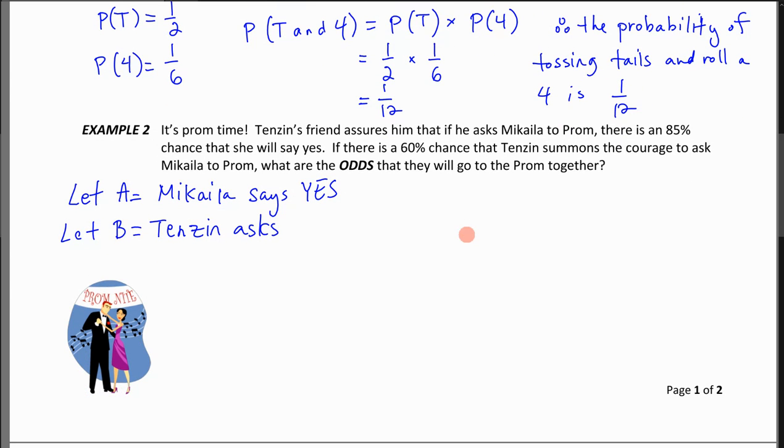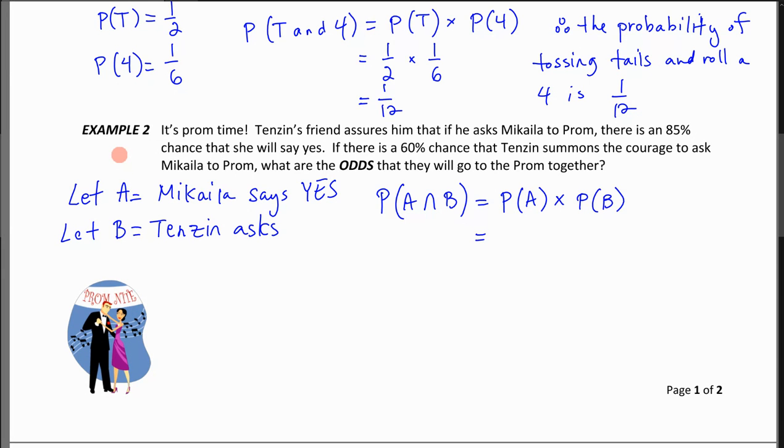Okay. So the probability that Tenzin asks the question and Michaela says yes, that's what I'm looking for. That's equal to the probability that Michaela says yes times the probability that Tenzin asks the question.